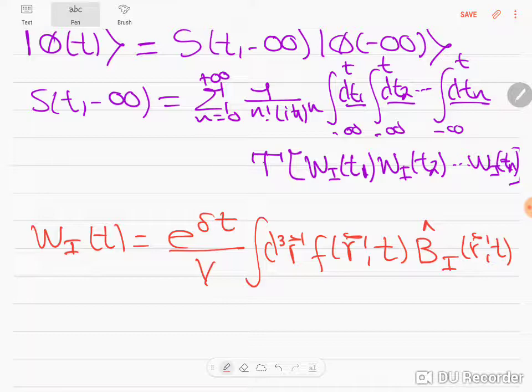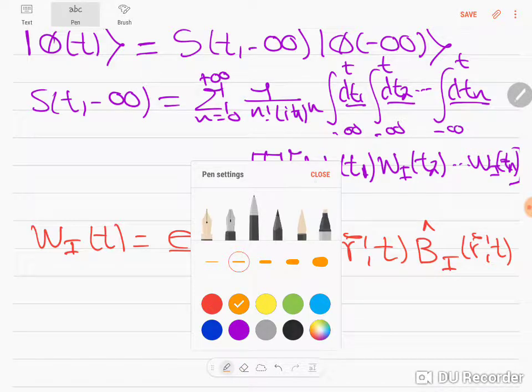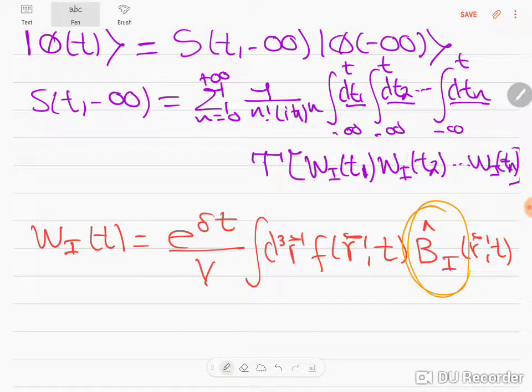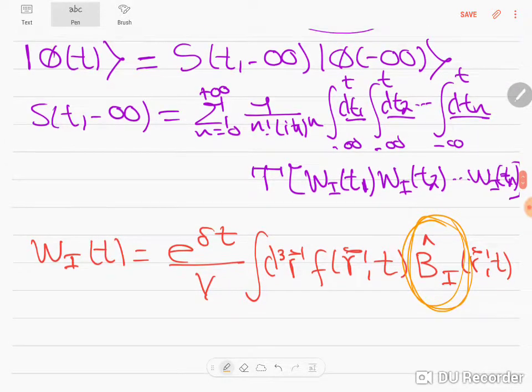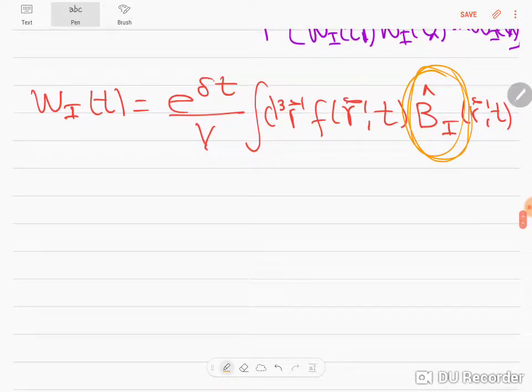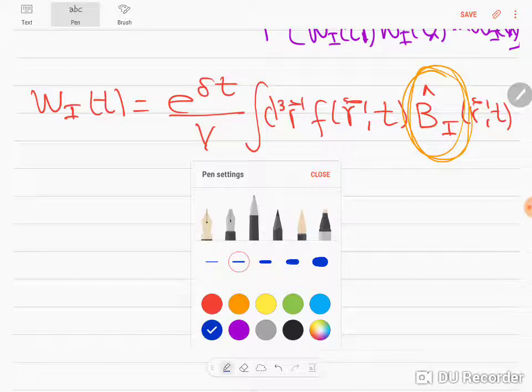So the excitation or perturbation in this system is associated with the operator b sub I.